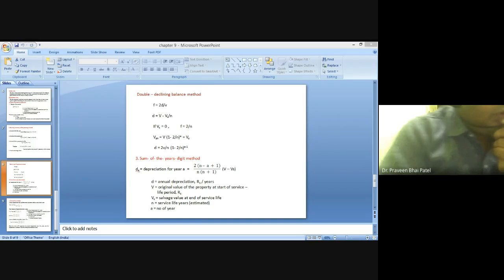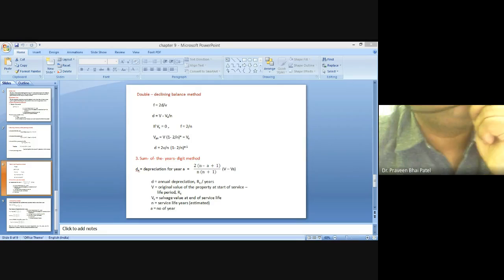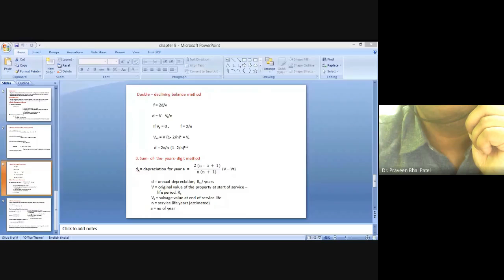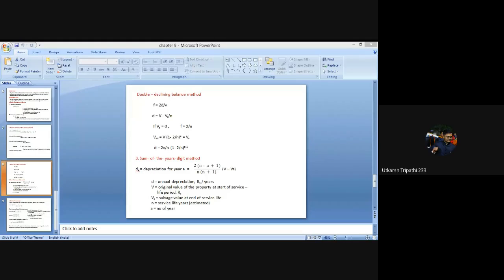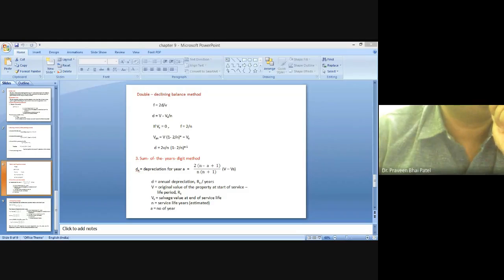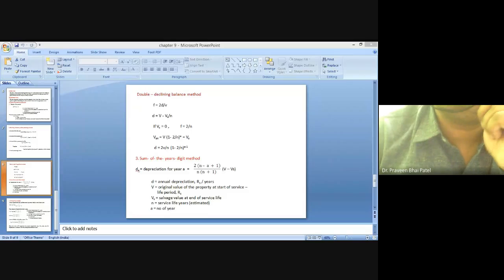So what you are seeing in double declining balance? First year, how much was the deduction? 20% of 30,000, that was 6,000.